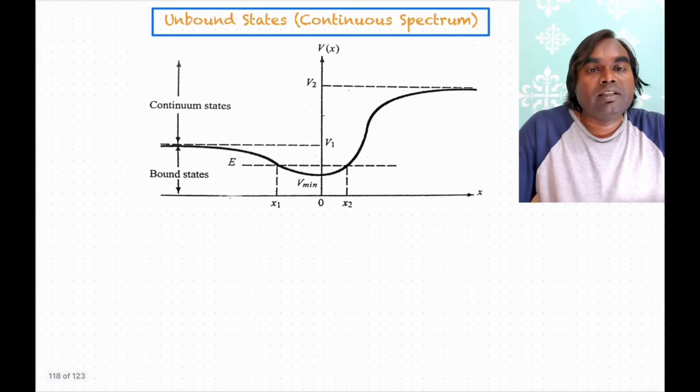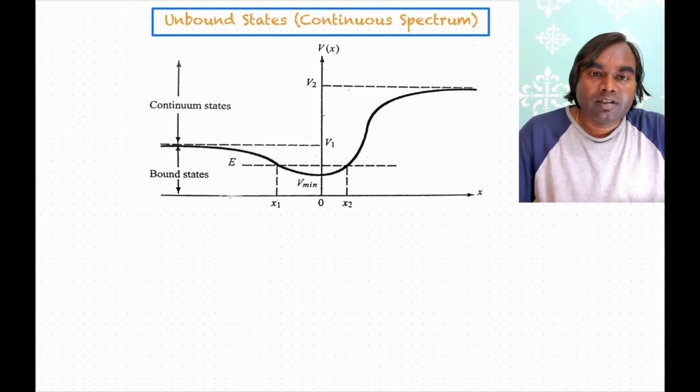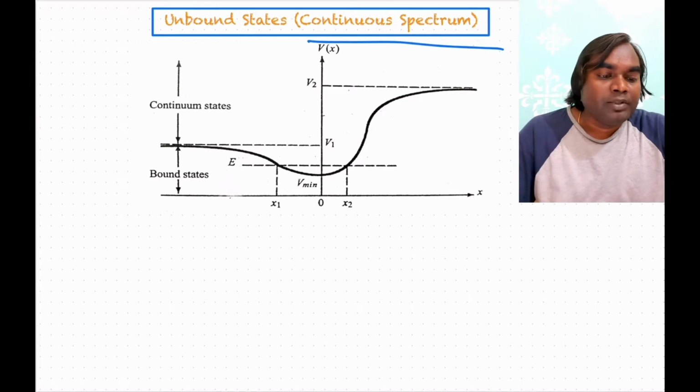Now, what is an unbound state? Friends, in an unbound state, the particle is free to move on either side of the potential. It may be on both sides, or it may be free to move on one side. So in the case of unbound states, the spectrum is continuous.